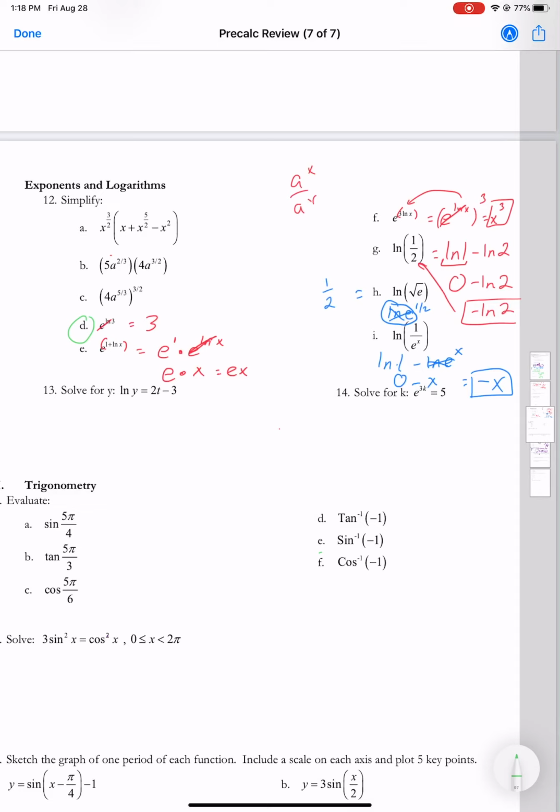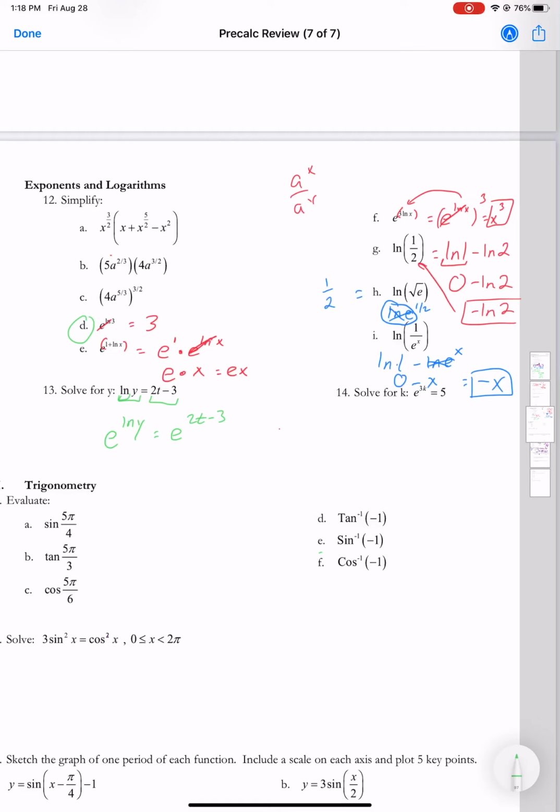So if I want to get rid of this natural log, the trick is to do what's called exponentiate both sides. I'm going to basically just turn both sides of this equation into exponents. So I'm going to write this as e to the power of natural log of y equals e to the power of 2t minus 3. Because remember from Algebra 1 way back when, you can do anything to an equation as long as you do it to both sides.